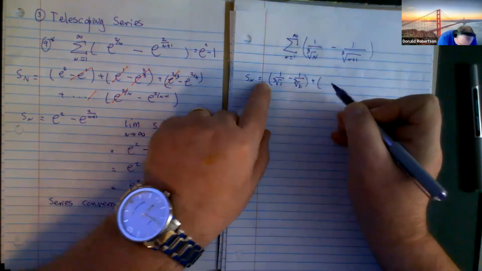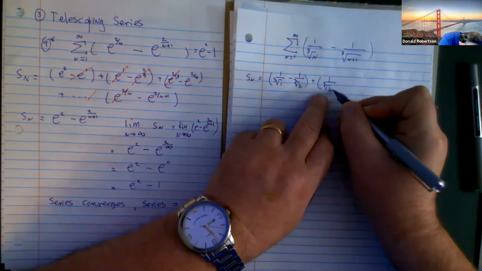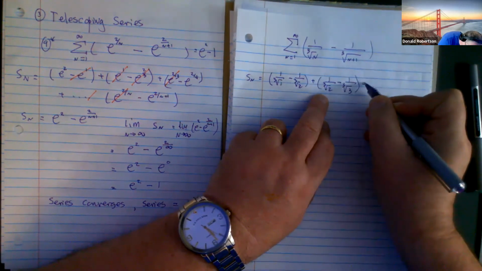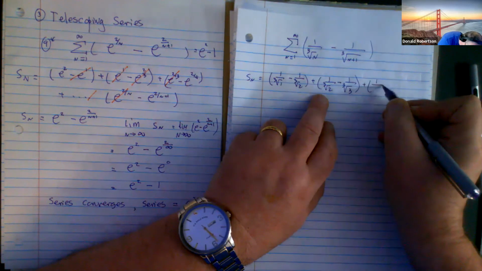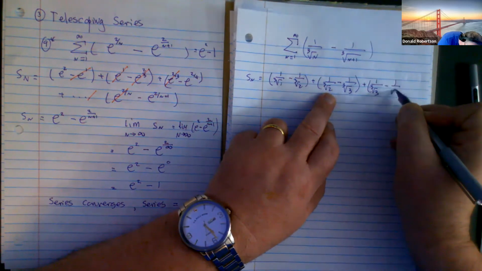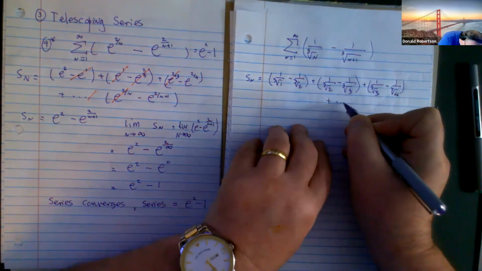And then plug in 2, and what do I get? 1 over the cube root of 2, take away 1 over the cube root of 3. Put in 1 more. You get 1 over the cube root of 3, take away 1 over the cube root of 4, and then dot, dot, dot.